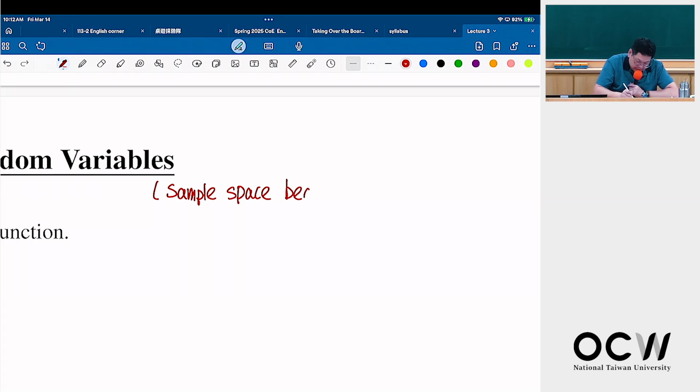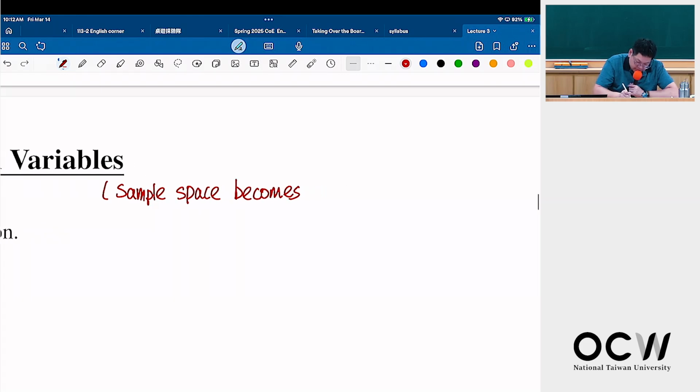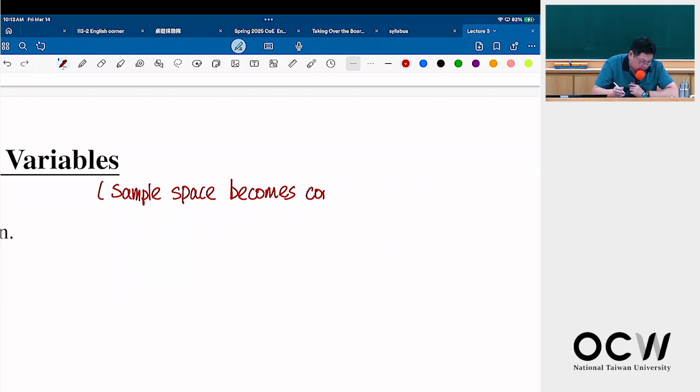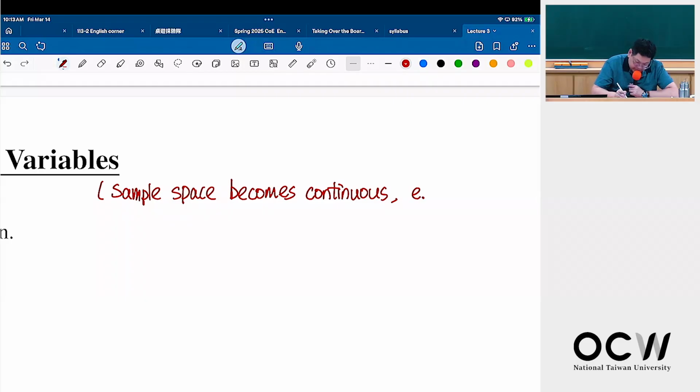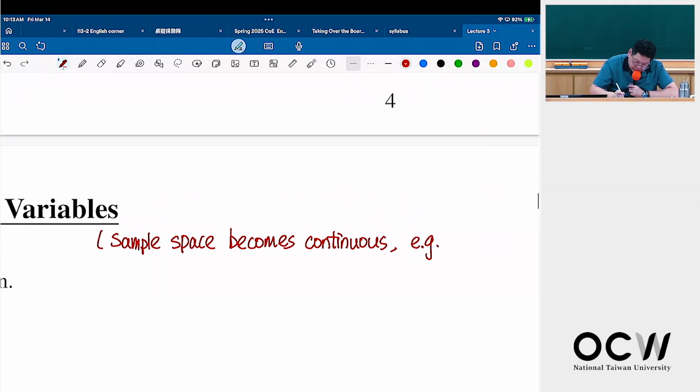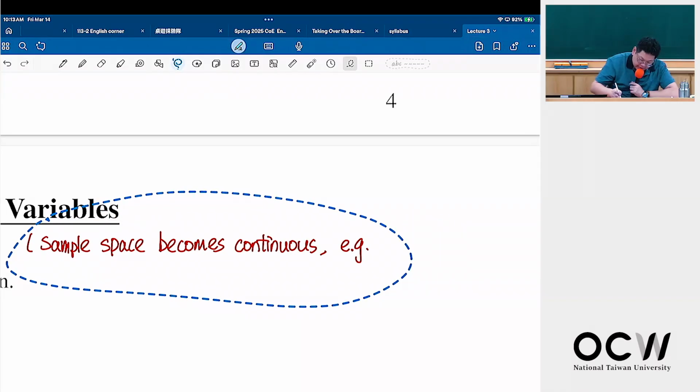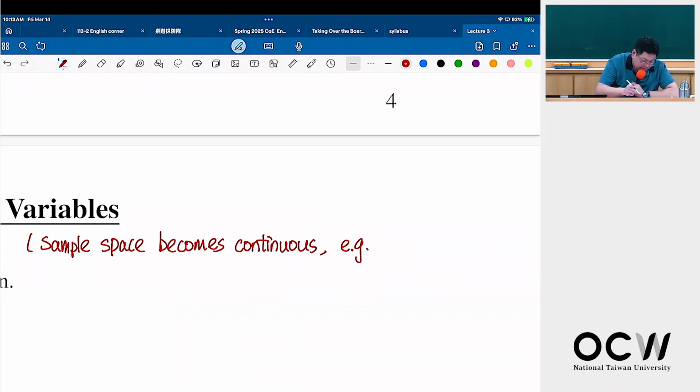For example, my sample space becomes time or area.